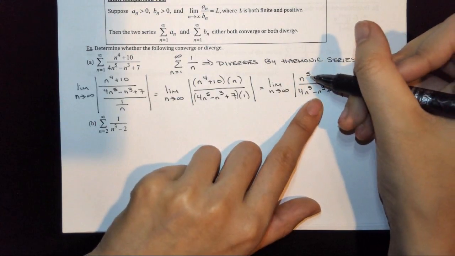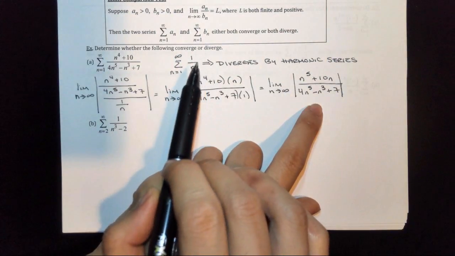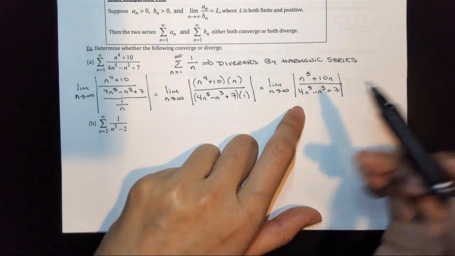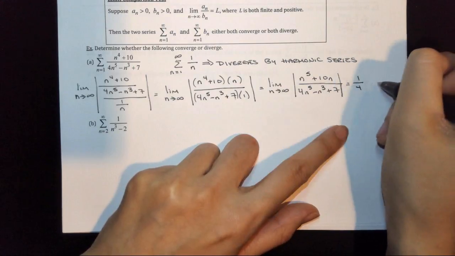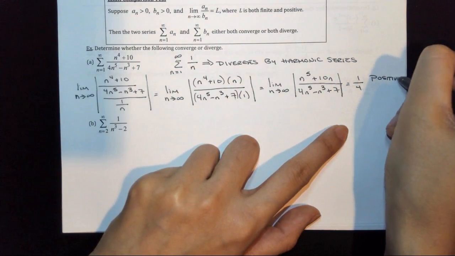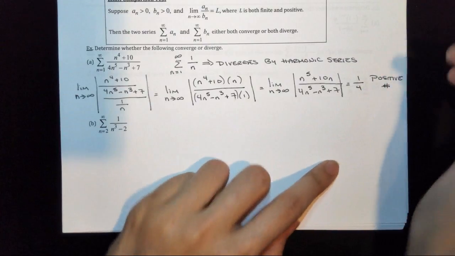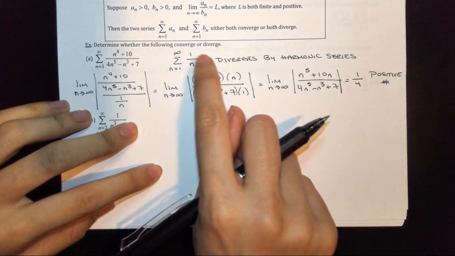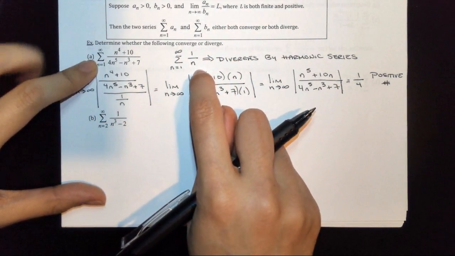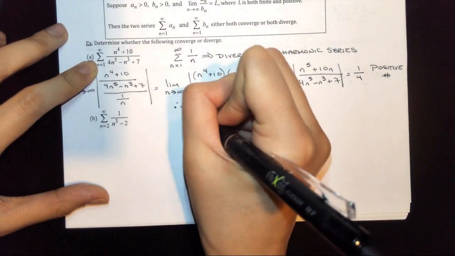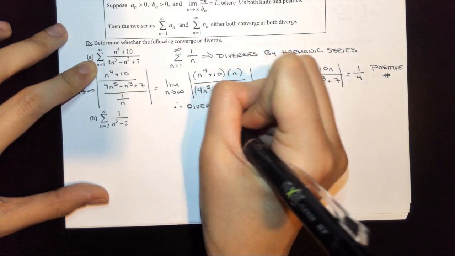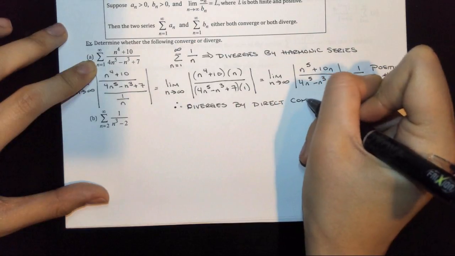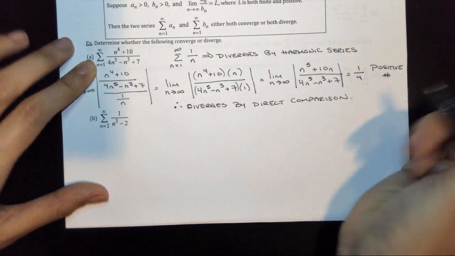Now look, my exponents are the same because I divided by 1 over n. When I simplified this, it helped me get the exponents the same. Now this limit goes to 1/4, which is a positive number, right? Finite just means that it's a number. So that's a positive number. If that's a positive number, then whatever this sequence does, this sequence will do. So therefore, it diverges by limit comparison.